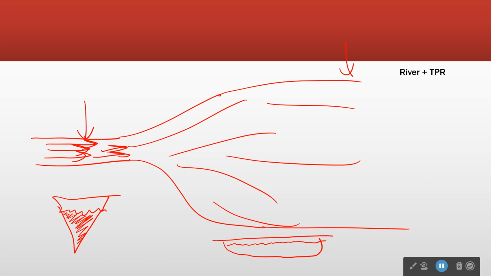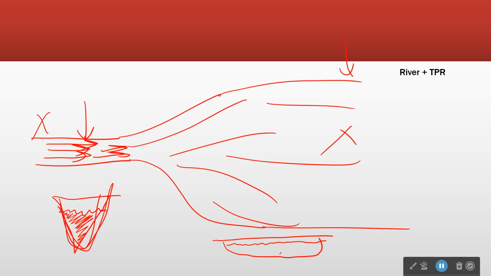But because the cross-sectional area is different, the water here will be running slower or faster than the water here, for those of you who have been in a boat. Slower, much slower, right? The narrower the canyon that the river goes through, the faster the water goes through it.